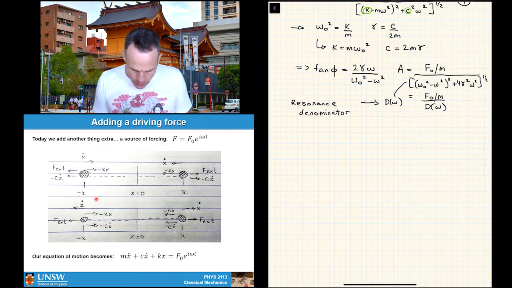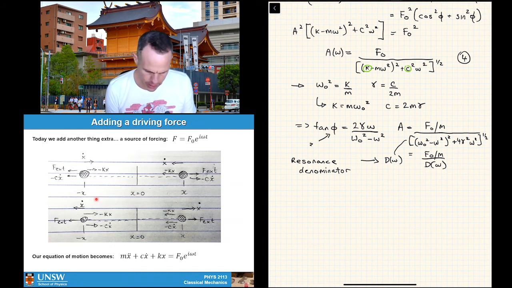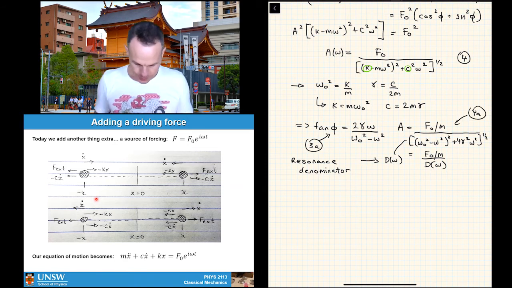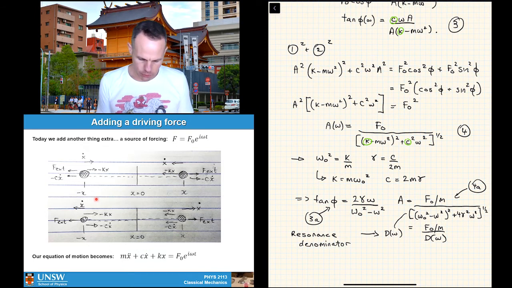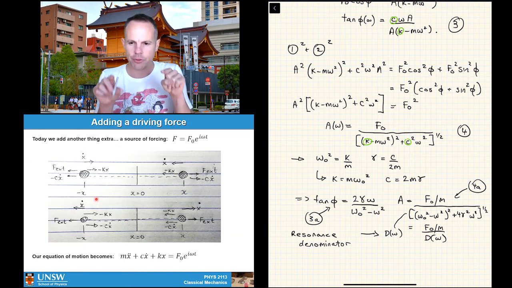Okay, so an interesting question at this point, and we can call this thing 3a, and we can call this thing 4a if we want, is why did we even do that? The reason why we did that is that if you think about equation 3 and equation 4, we've got our phase and our amplitude tied now to quantities of the physical system.